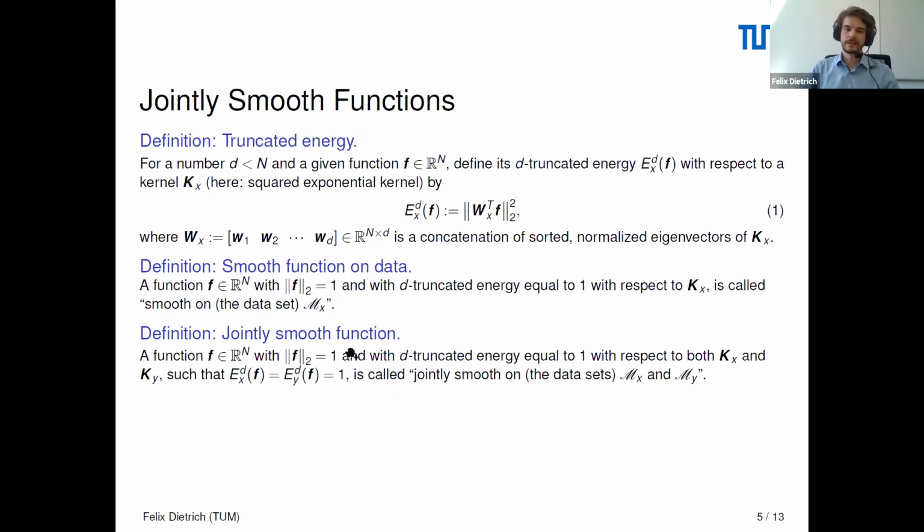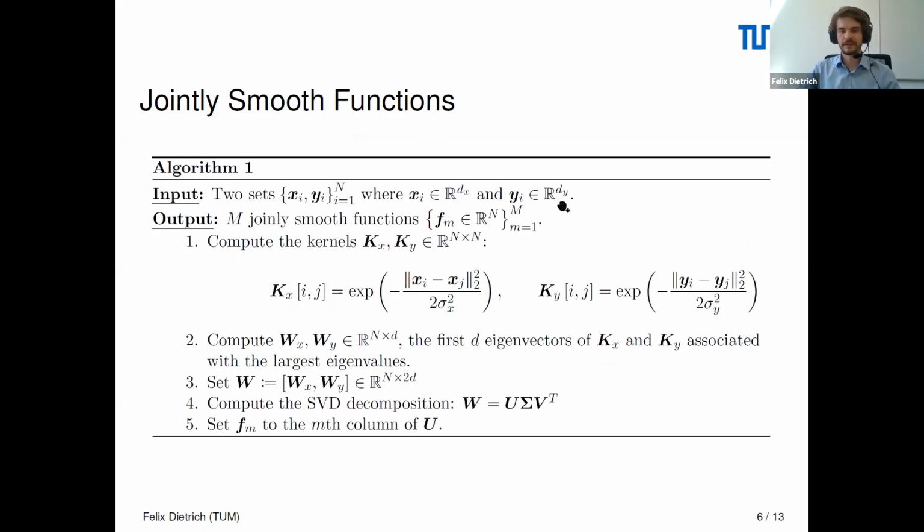These definitions might seem a little weird, but it's very easy to see why we did this using this algorithm here. And that's actually the algorithm that is sort of the main focus of the talk, because you can easily implement it and it will construct these jointly smooth functions. It actually will even create a whole space or subspace of jointly smooth functions.